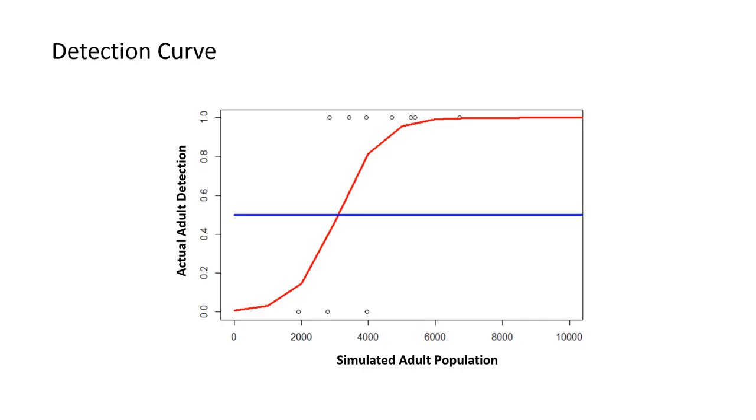So if the species was detected for a given month, that's a 1, and if it was not detected, that's a 0. And we fit a logarithmic function, so we can convert the predicted population from the model into a probability of detection.